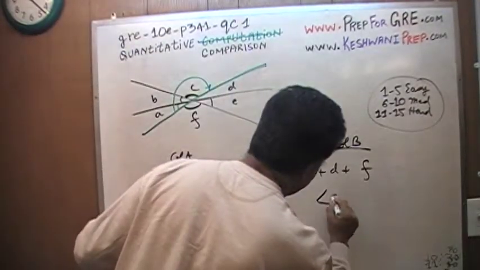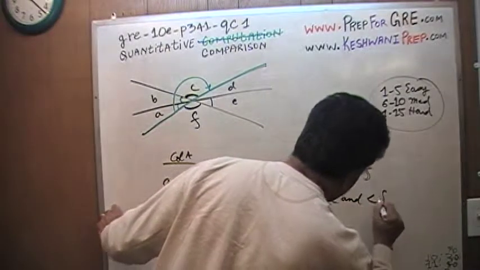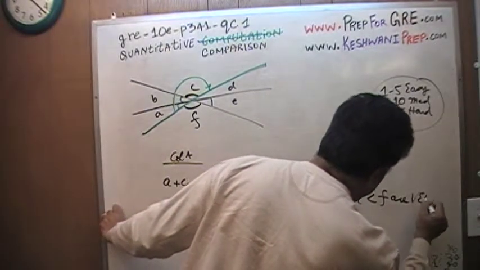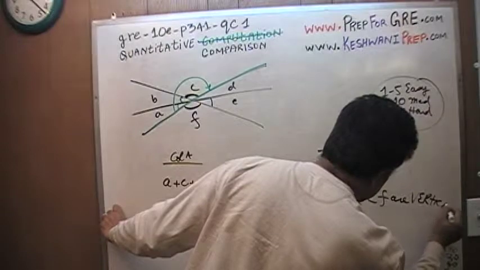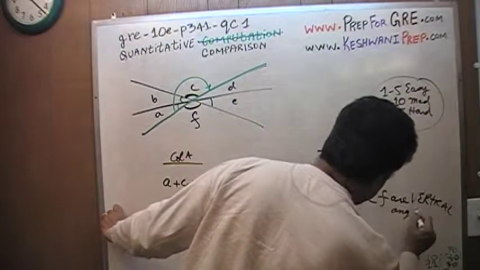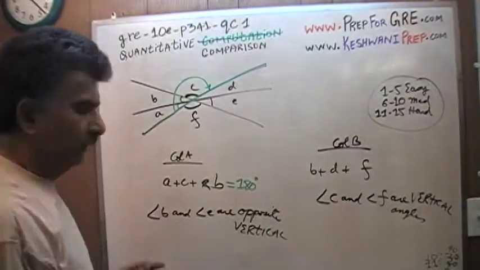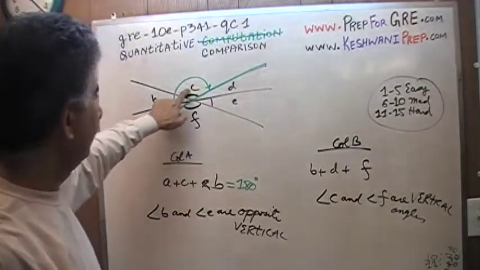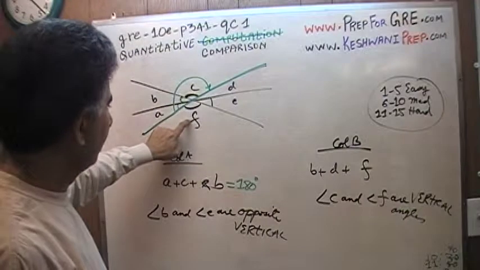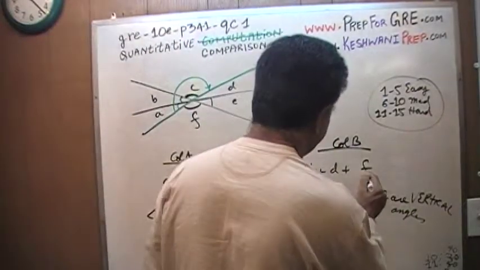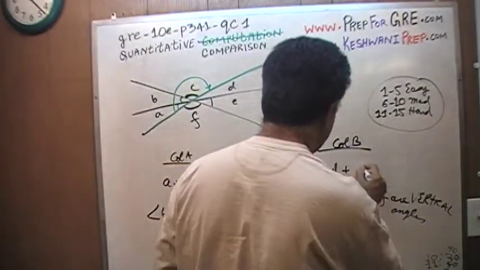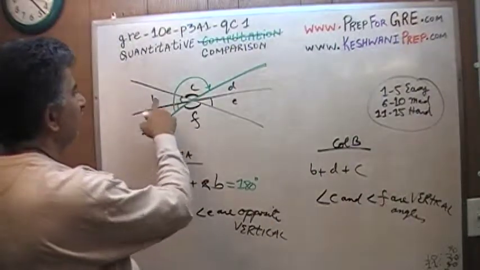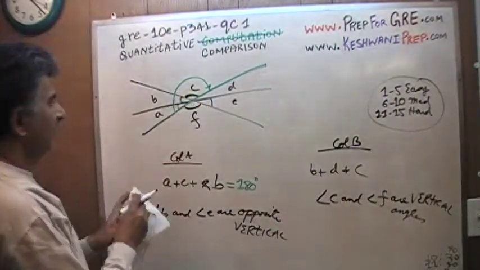So angle C and angle F are vertical angles. And again, since vertical angles are equal, F equals C. So in place of F, I'm going to substitute C. And now we're dealing with B plus D plus C, which is another 180 degrees.